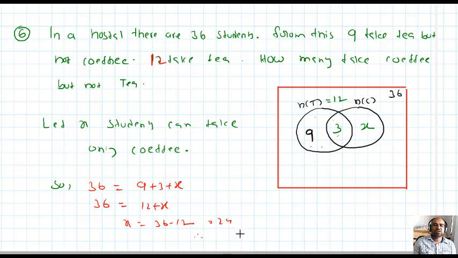Means 24 are taking only coffee. 24 students can take only coffee.